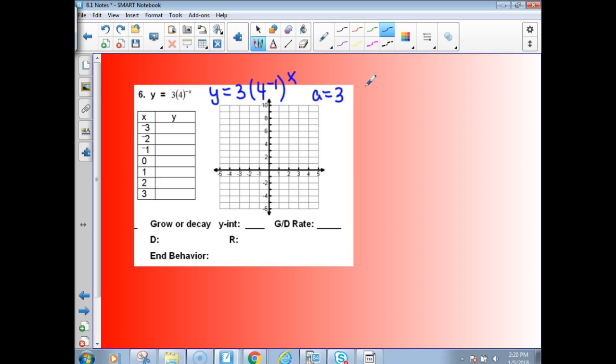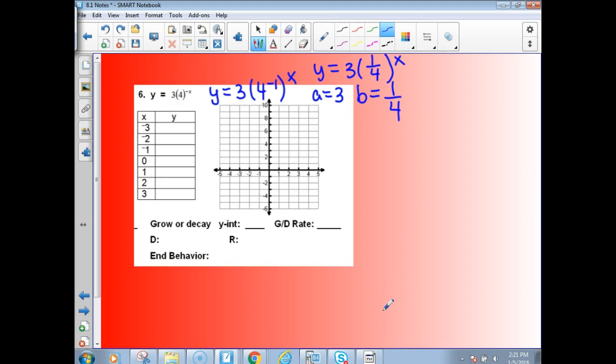A is 3. What is b? No, it's not 4, unfortunately. And it's not -4. What does the exponent of -1 do to it? 4 to the -1 is 1/4. So B here is actually 1/4.